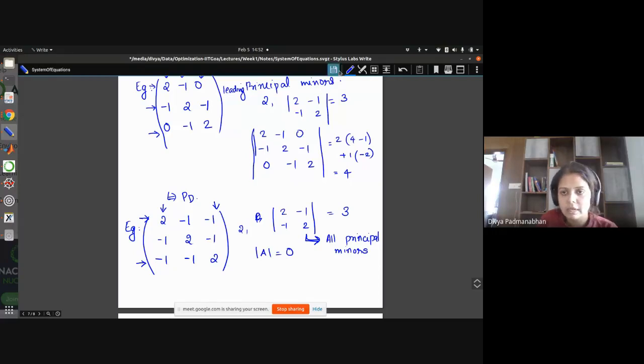So in this case, it turns out that all these give you the same minor. But in general, you should check all these values if you want to check for positive semi-definiteness. So here all these values are greater than or equal to 0, and that's why it's positive semi-definite.